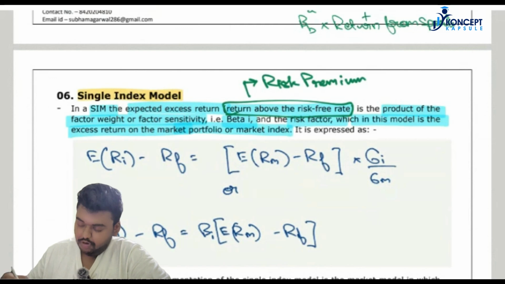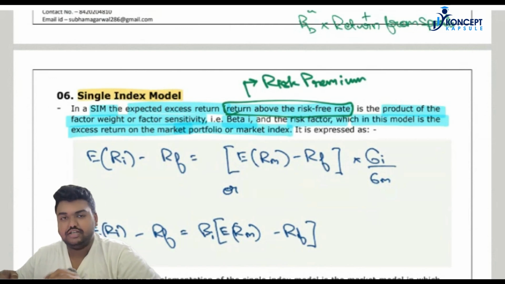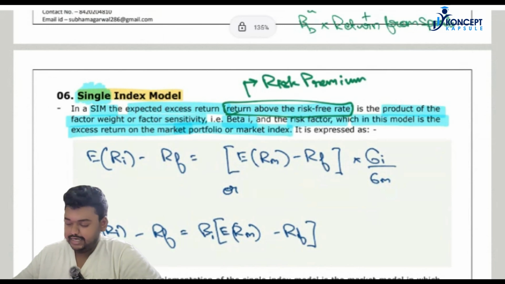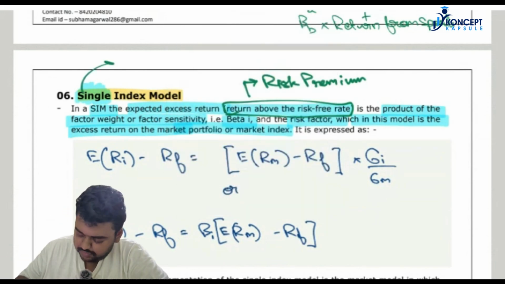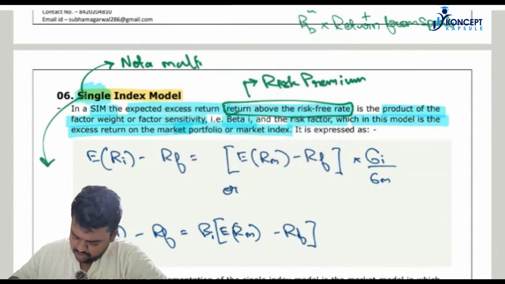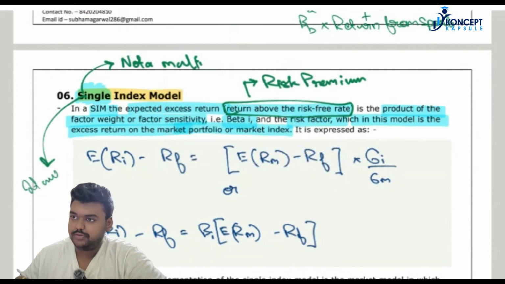In the single index model, first of all, the word is single, so it clearly indicates that it is not a multi-factor model, correct?